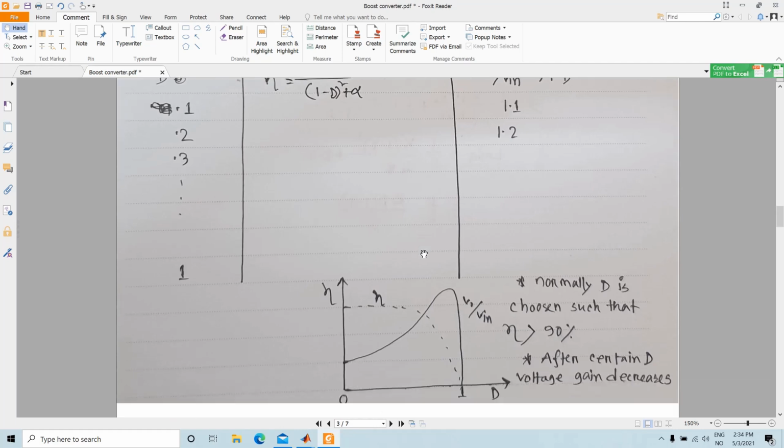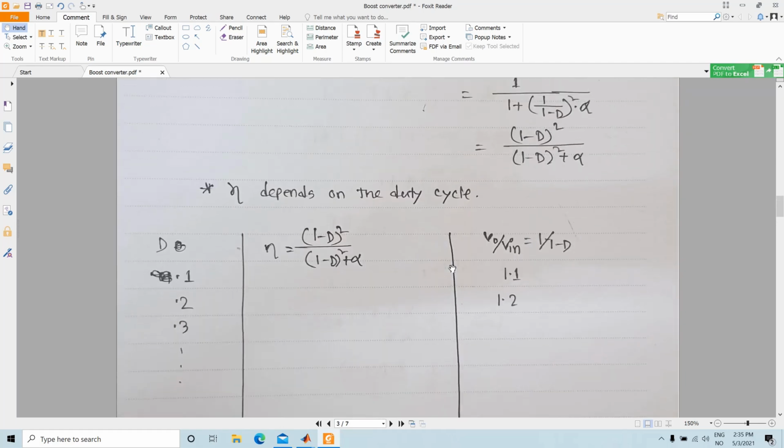And if you plot the gain and the efficiency, it looks somewhat like this. When the D value is smaller, the efficiency is closer to 1.